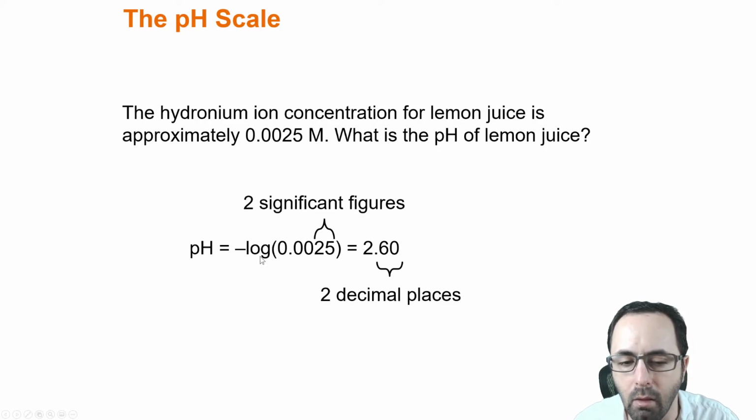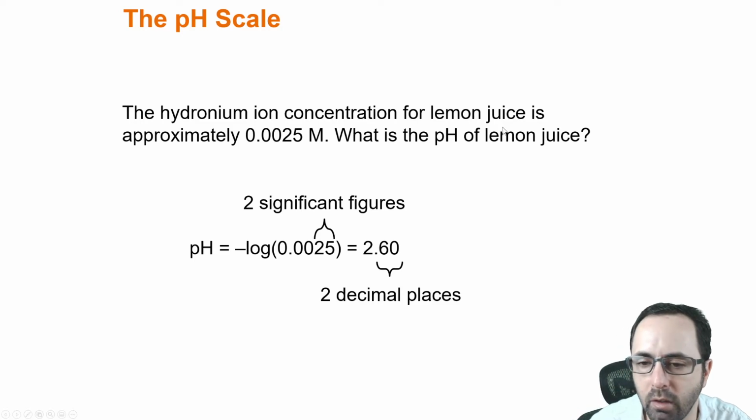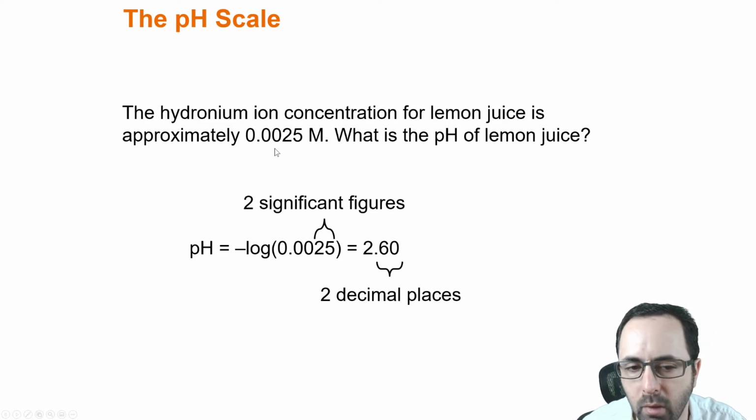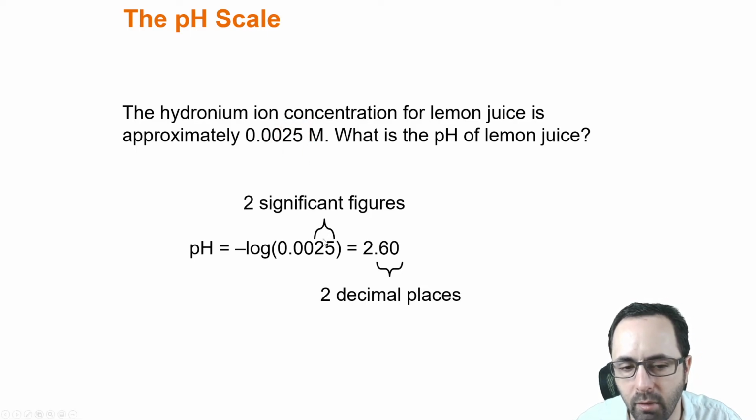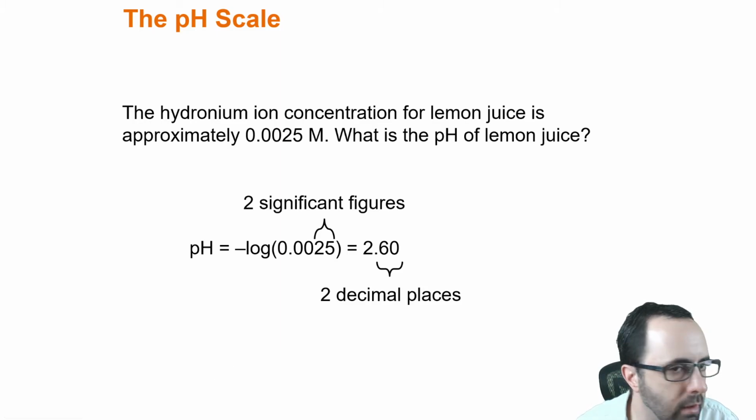If you take the log of a number, here's the question. The hydronium concentration for lemon juice is approximately 0.0025 molar. What is the pH? The pH is the negative log of the hydronium concentration. Our hydronium concentration has been stated with 2 sig figs. We can use our calculator here.